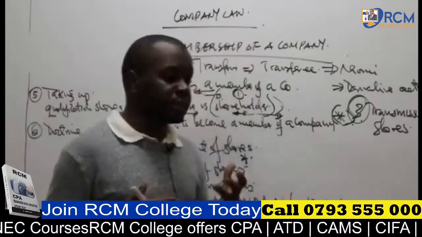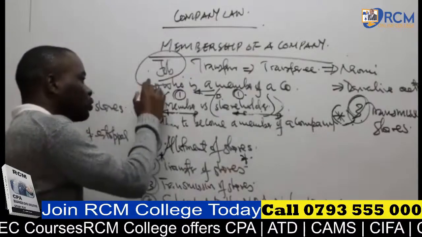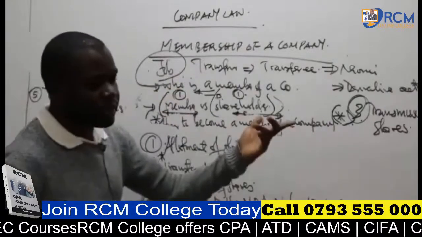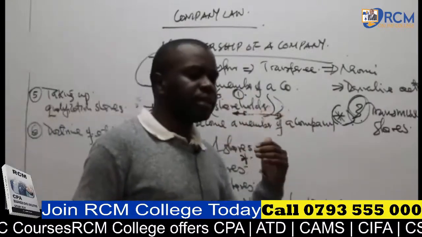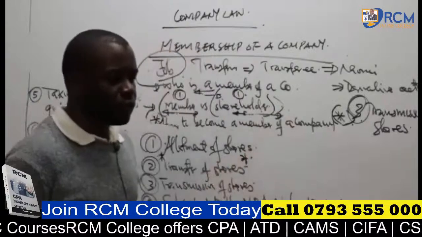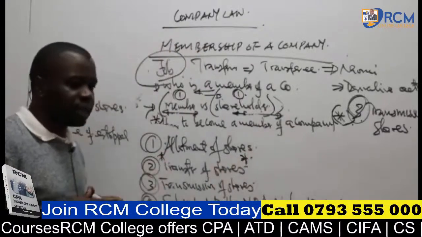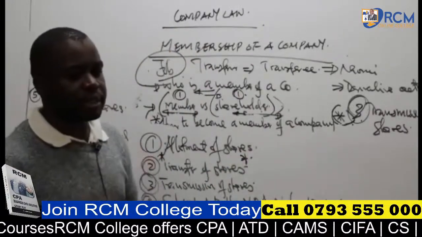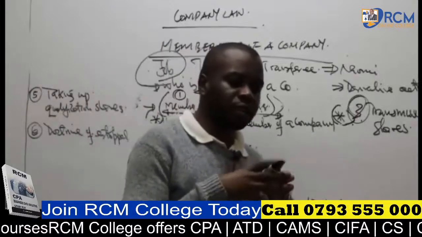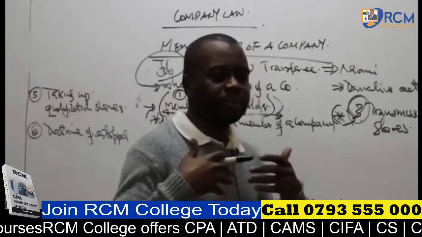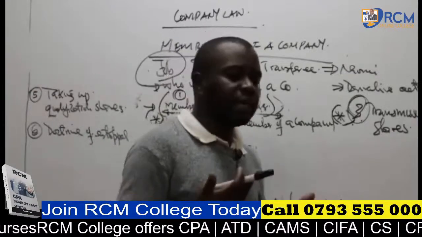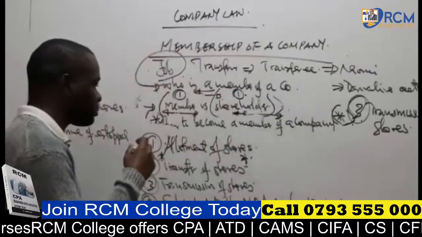Let's say, for example, Job had already lost his shares to Naomi. But Job's name still appears there. And of course, he sneaks himself even into the members' meetings, even into the general meetings of the company, and basically participates in the decisions of the company, while his name still appears by mistake.